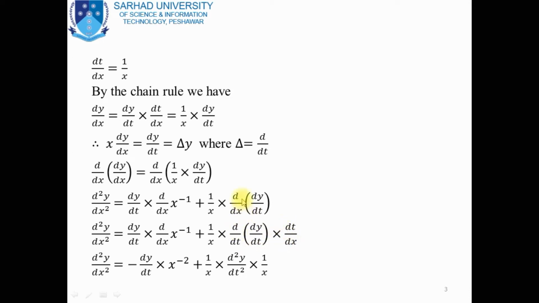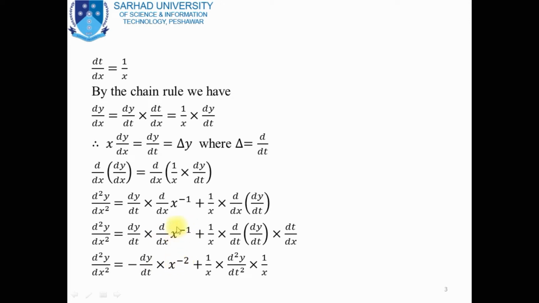We can write d/dx of dy/dt as d/dt of dy/dt multiplied by dt/dx.